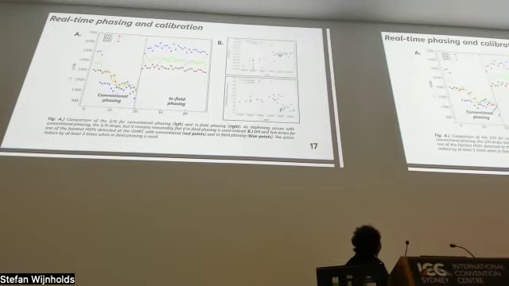So here is a very nice example of the effect of this real-time phasing. This was an observation of a pulsar in three different baselines. As you can see, blue is the longest baseline, green is the medium baseline, and red is the shortest baseline. Even in 20 minutes of data, the signal to noise ratio of the pulsar starts to reduce because you are not doing continuous phasing.